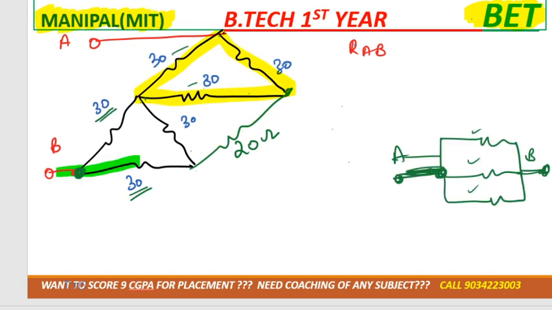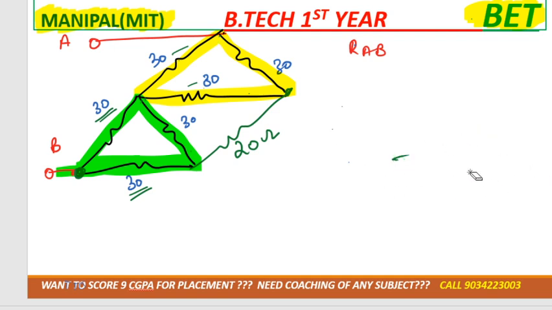This is delta. Can we convert it into star? Similarly, this is also delta. Can we convert it into star? Tell me. And after converting from delta to star, we'll get the diagram like this.